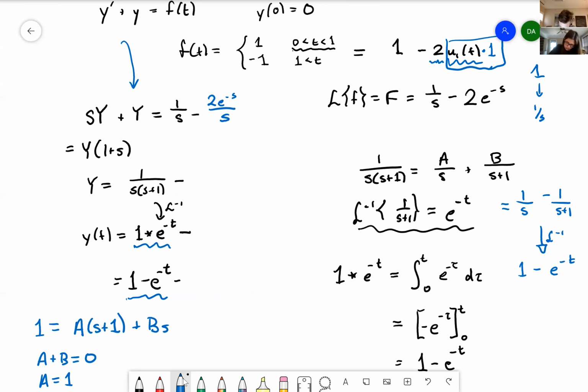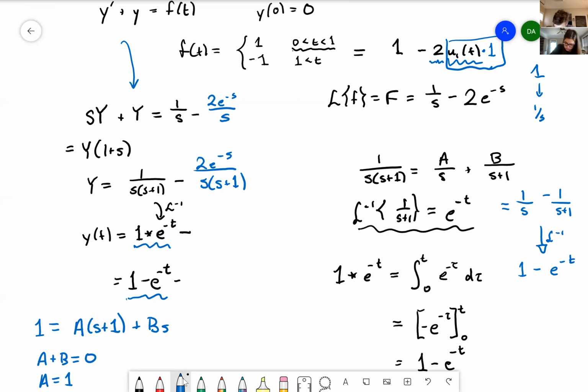And the second term will be, let's see, 2 times e to the minus s over s. So this will be 2 e to the minus s over s times s plus 1. And now we have to get the inverse Laplace transform of this thing.